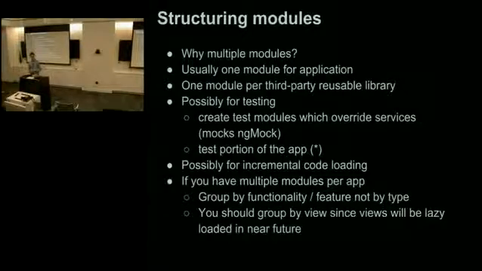This isn't the case right now, but one thing the team is looking into in the future is using modules for incremental code loading or lazy loading of your JavaScript code as you navigate throughout the application. This would be done by grouping your application into modules per view. But this is still really just an idea and not functioning right now.